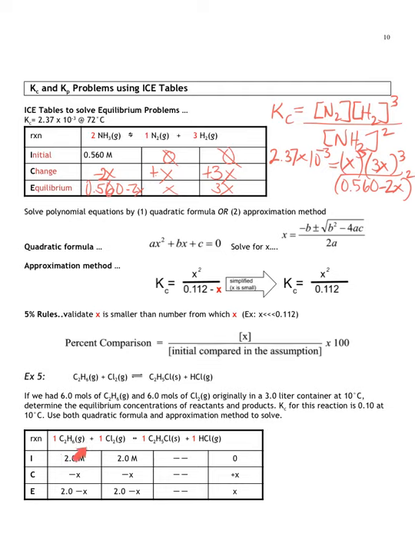So here I have an ice table. This was kind of misaligned. So the first reactant, second reactant, first product, second product, okay? Now I notice that one of the products is a solid, so I'm going to cross that out and not include that in the equilibrium. I do know my equilibrium expression is going to be products over reactants, so I always start off with doing my expression.